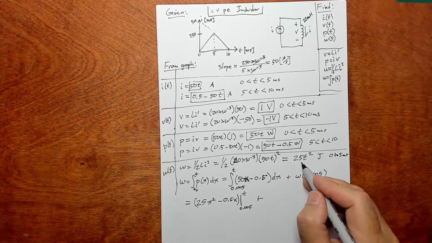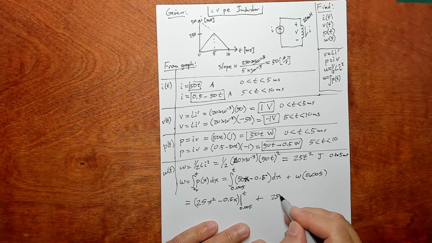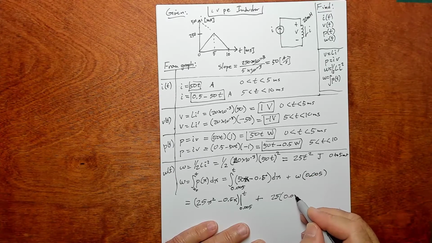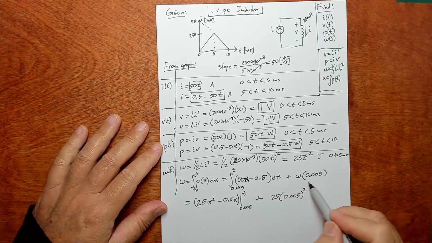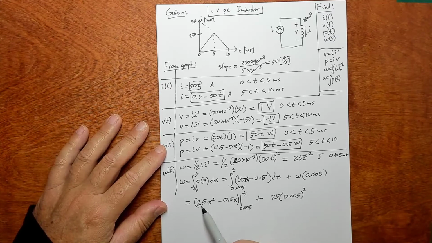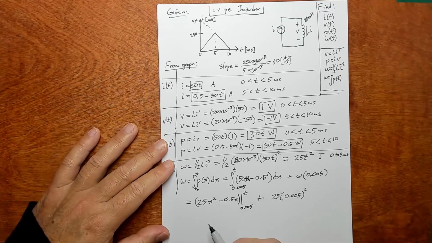We can use our previous solution, so it's going to be 25t squared, where t is 0.005. So this is the energy at 5 milliseconds. This gives us the energy after that, but we have to include the energy from the starting point. Just a kind of weird thing that you have to do.